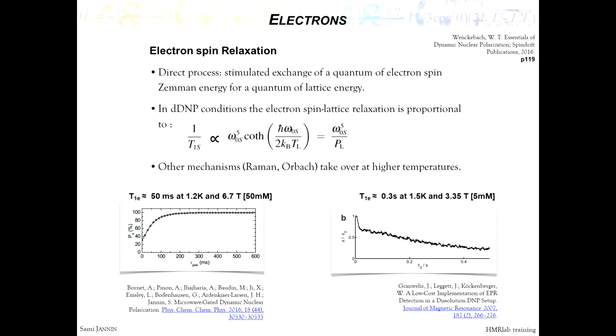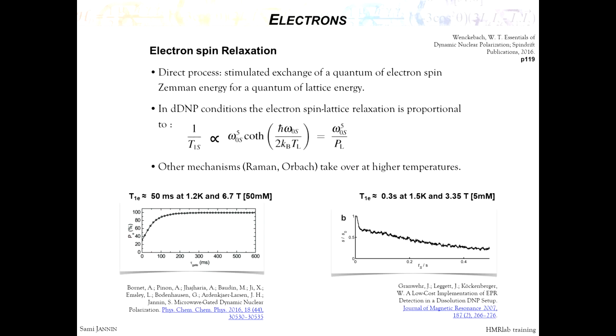There are very, very few measurements of electron relaxation in our conditions. I found 2, maybe there are 3 or 4. It's really hard to find people who measure T1 of electron at 1 Kelvin and at 3 to 7 Tesla. One paper is from Kockenberger.